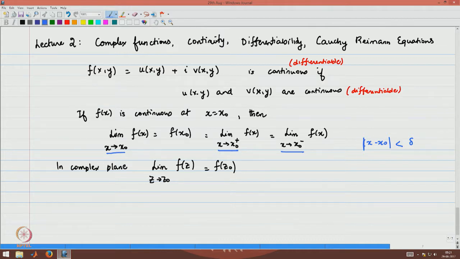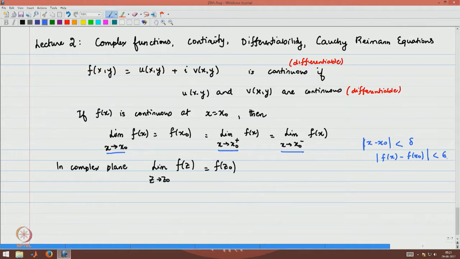So, what you will say is that for every epsilon, this can be found for all f of x minus f of x 0 less than epsilon.